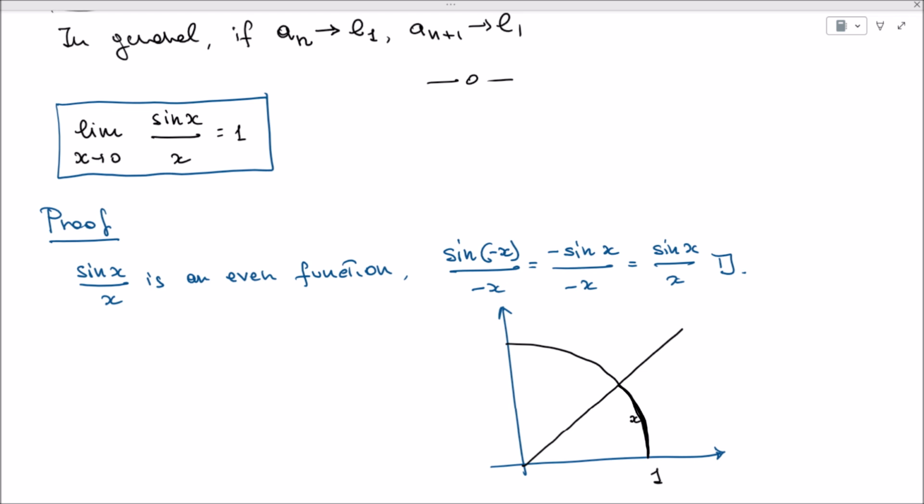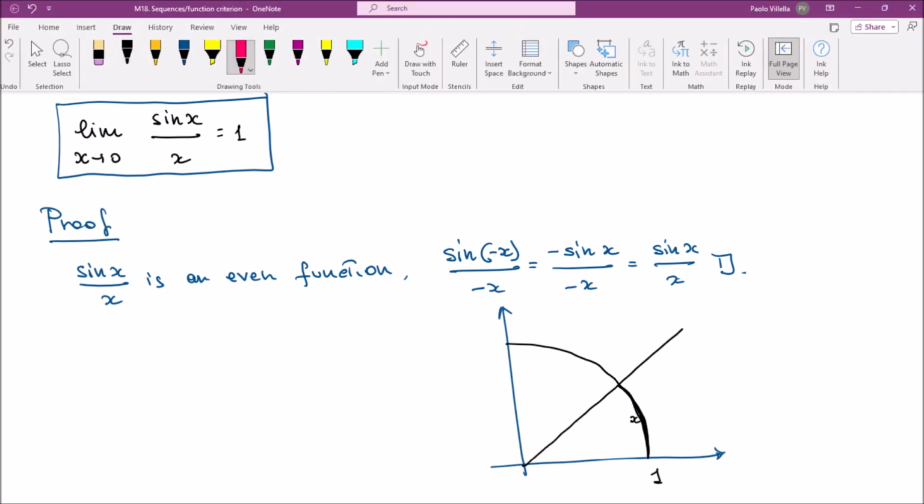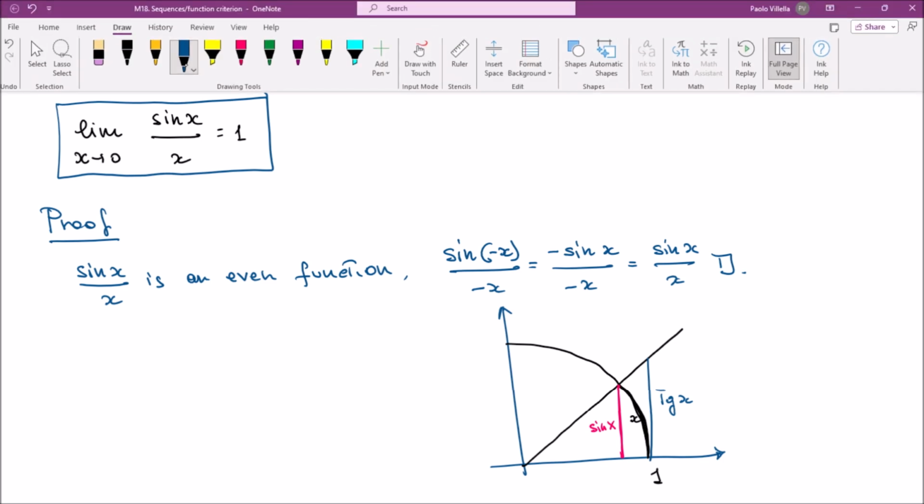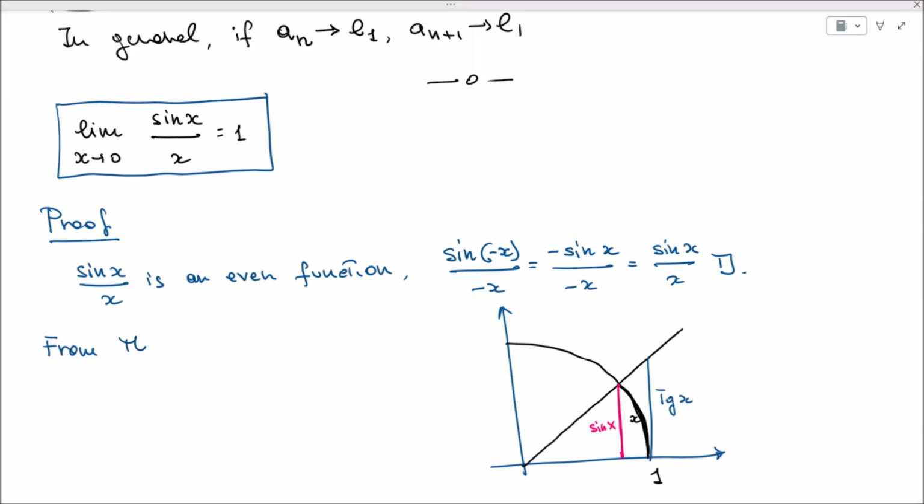The arc that we are considering, and we are now going to build the sine of x, which is this red segment, and we also build the tangent of x, which is this other segment, and we can now write the inequality: sine of x less than or equal to x less than or equal to tangent of x, which is evident from this.